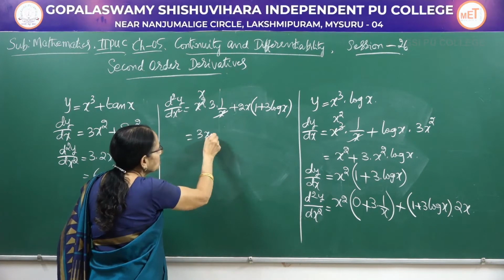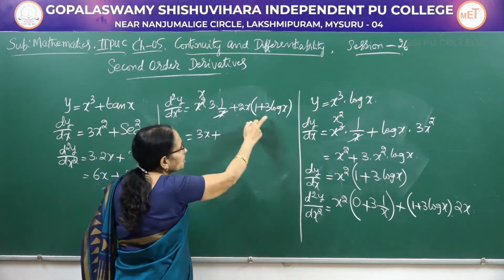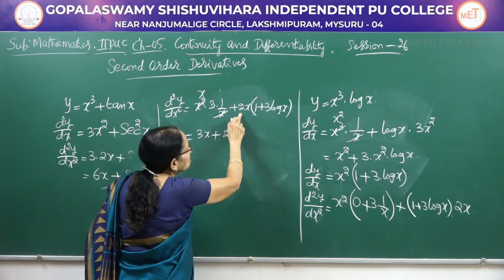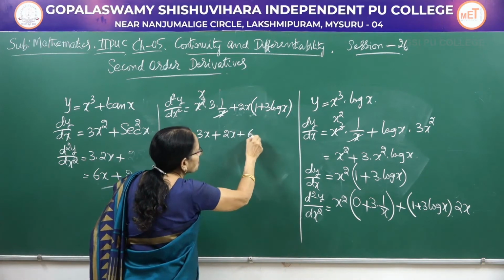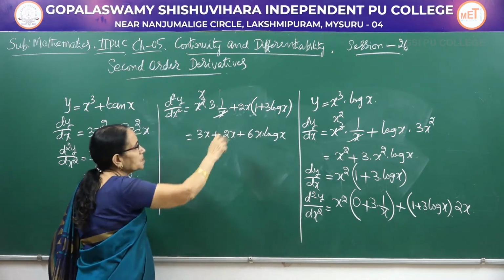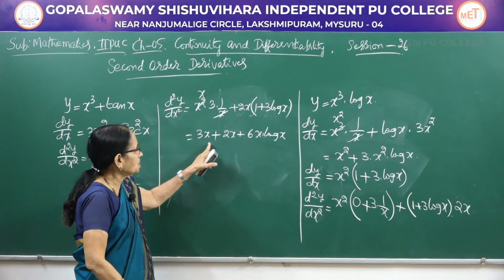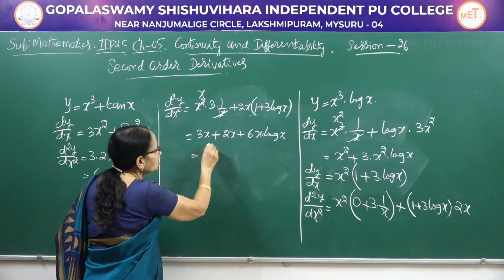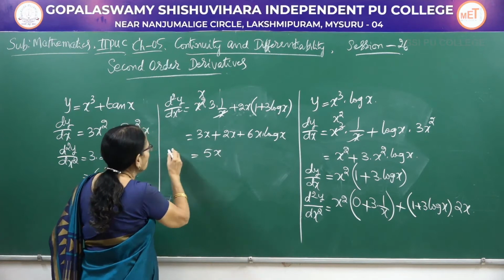So 3 into x plus, here also I remove the bracket, 2x into 1 is 2x, 2x into 3 is 6 into x into log x. Why I multiplied is, we will be having the same type of term, two terms, so that you can simplify that, 3x plus 2x, that is 5x.